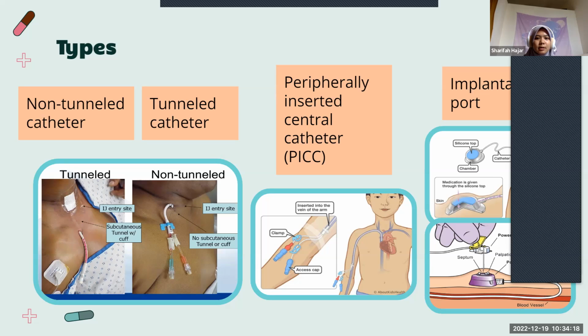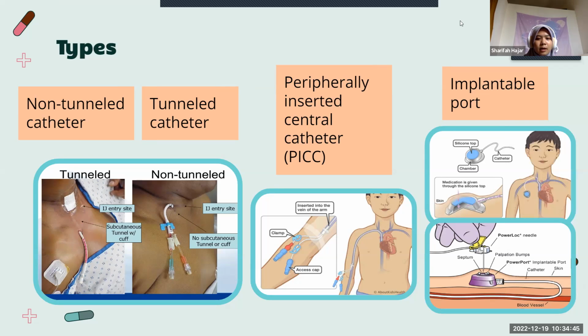Okay, and then there is also the peripherally inserted central catheter, PICC. It is just an extension from the peripheral insertion site until the catheter tip lies either in the distal third of the superior vena cava or at the cavo-atrial junction. The advantage in children is that it may be inserted and removed without a general anesthetic in some children, and it has the lowest complication rate of central venous access devices.